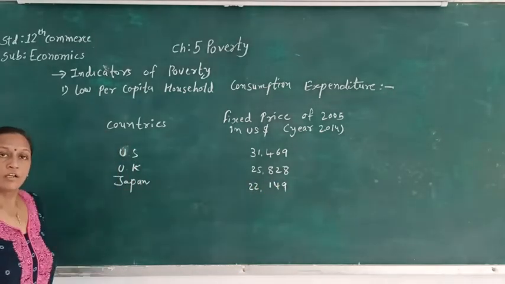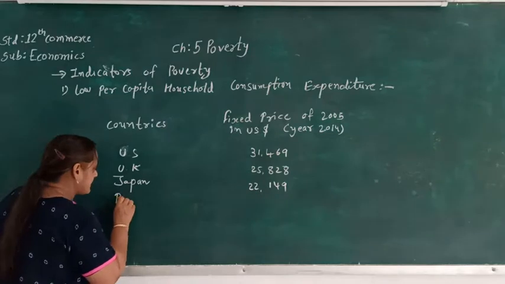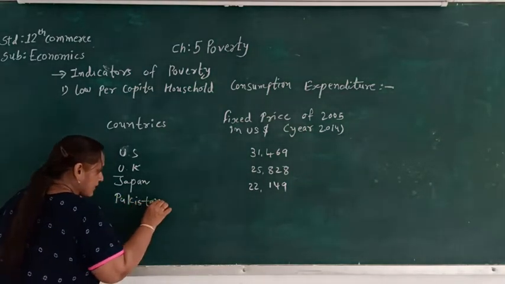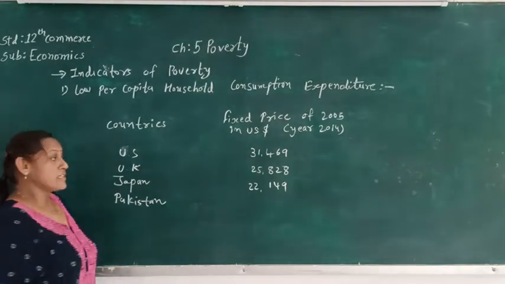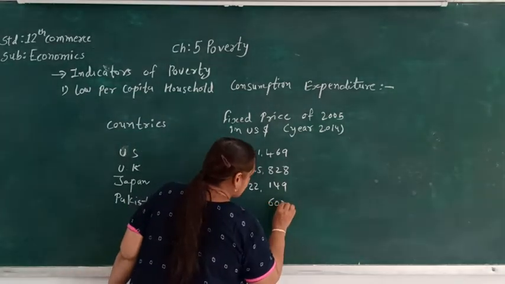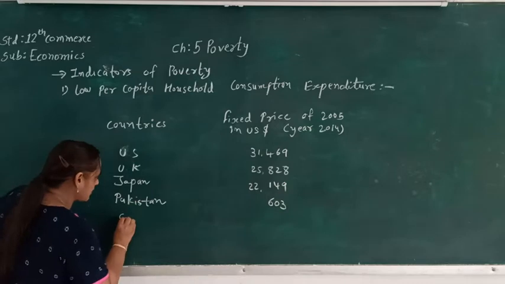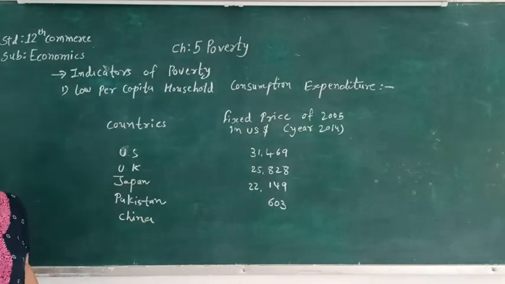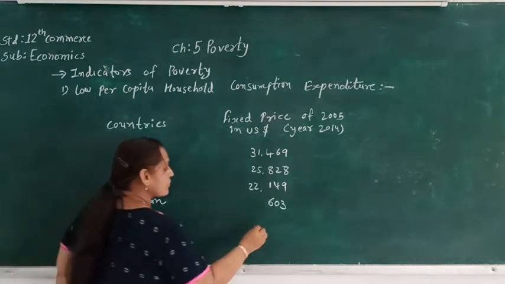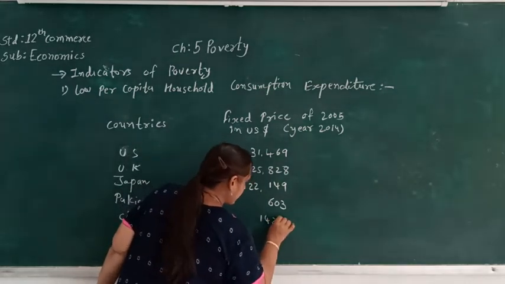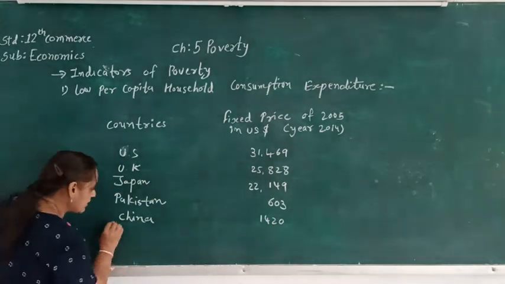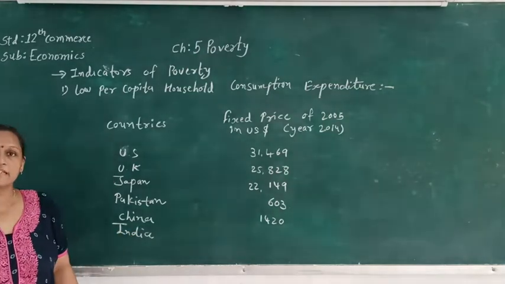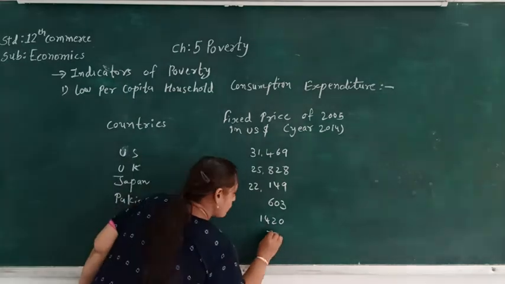And let's see Pakistan. For Pakistan it is very low, it is only 603. Let's talk about China, and for China it is 1,420, and let's talk about India. For India it is 725.